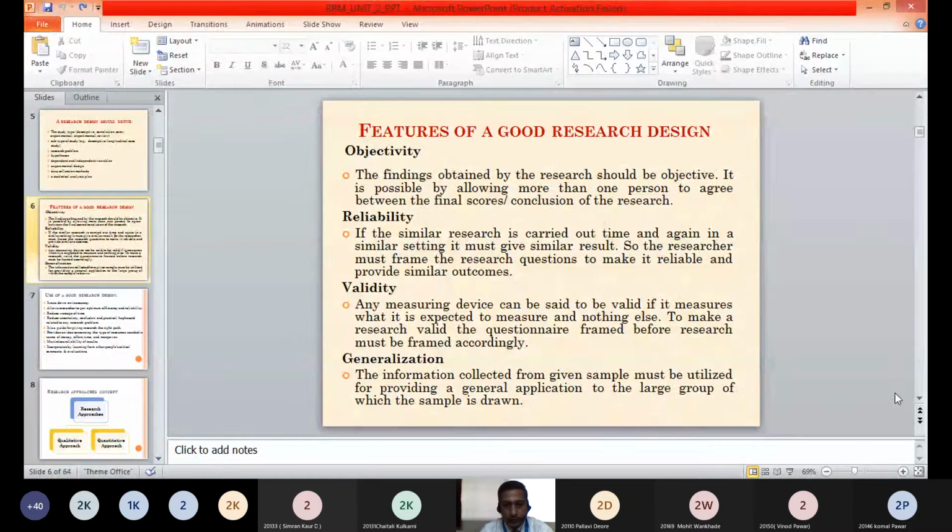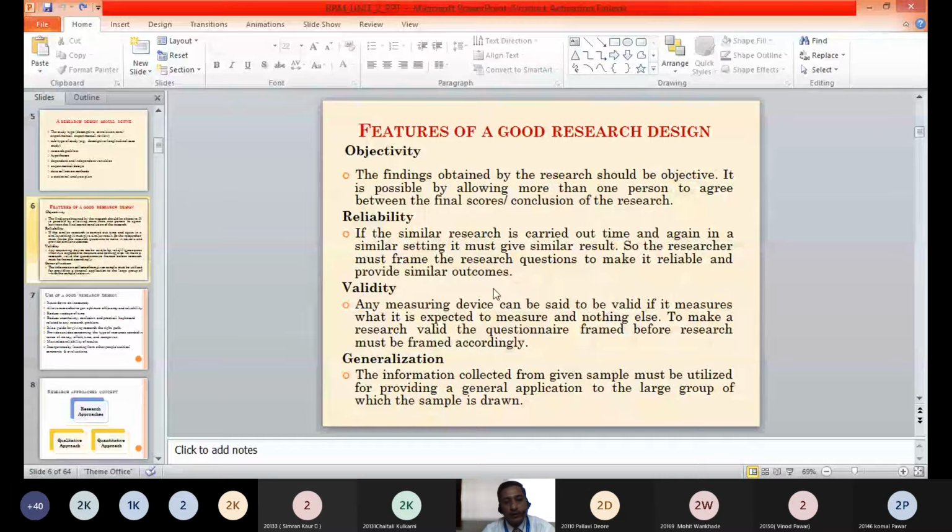So a research design should have these important qualities: objectivity, meaning it should not be biased. It should be reliable, meaning it should generate similar results when the research is repeated.